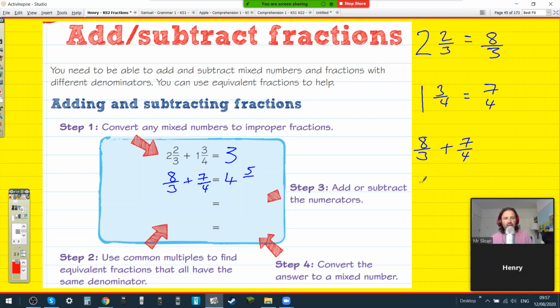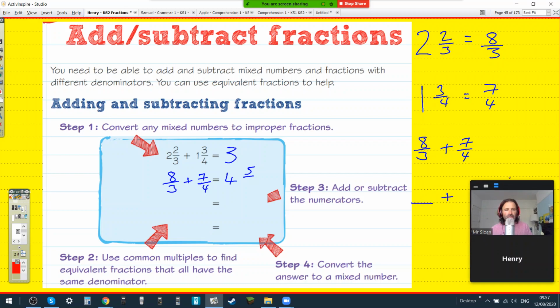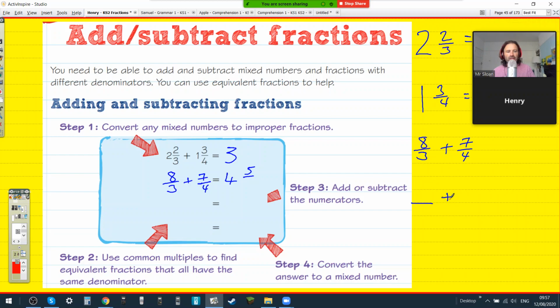So 8 plus 7 is 15. No, no, wait, what? Common denominator. Oh yeah, okay. 3 times 4 is 12.